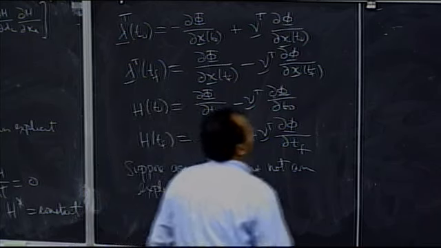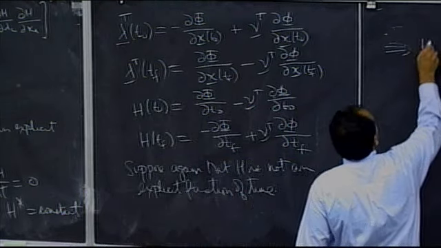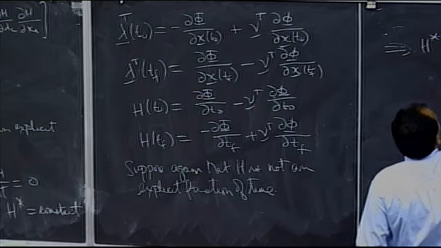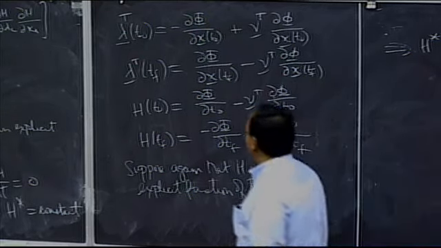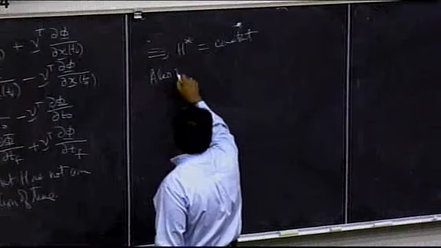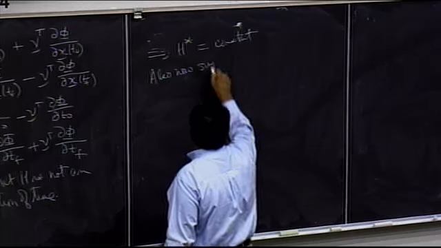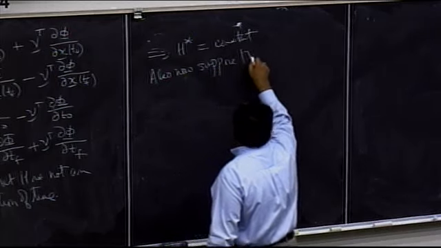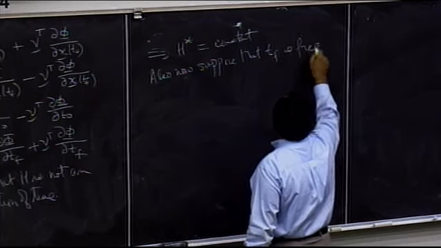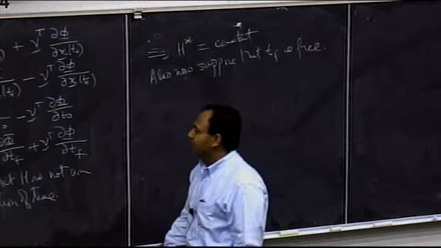So we know that h star is going to equal a constant. Now, let's look at another condition here, which is that, suppose that tf is free. Because if tf isn't free, we can't add this other condition.